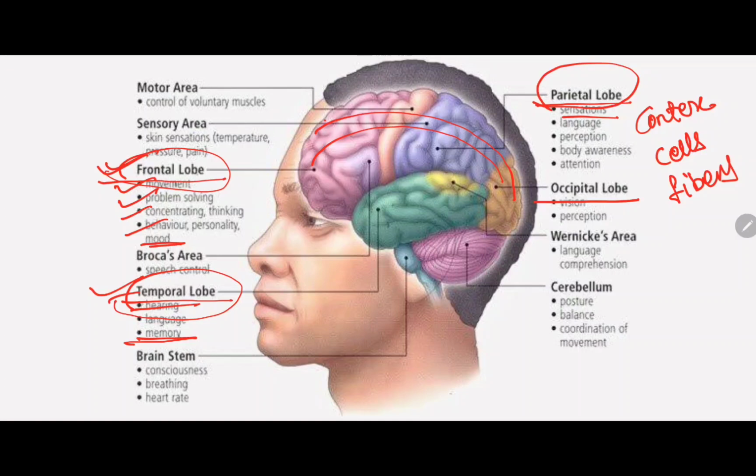You can memorize these languages and it also controls your perceptions, body awareness and your attention capability. So all these activities are controlled by your parietal lobe. The last region is your occipital lobe. This occipital lobe helps your eyes to see, including recognition of shape and color.